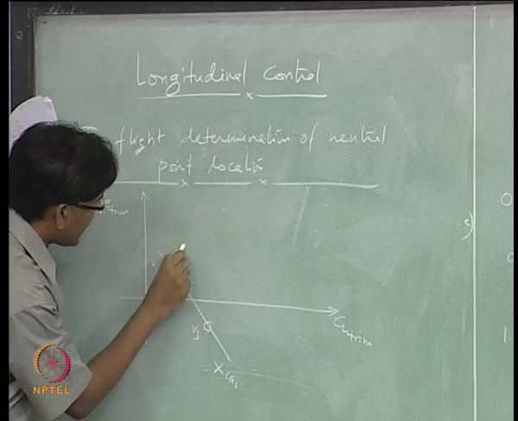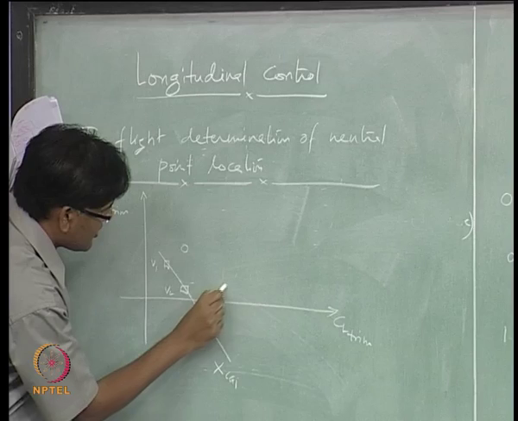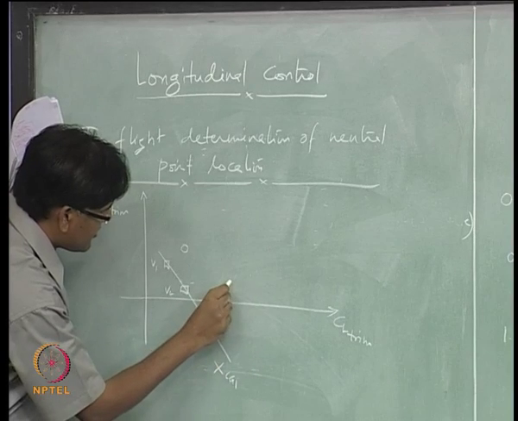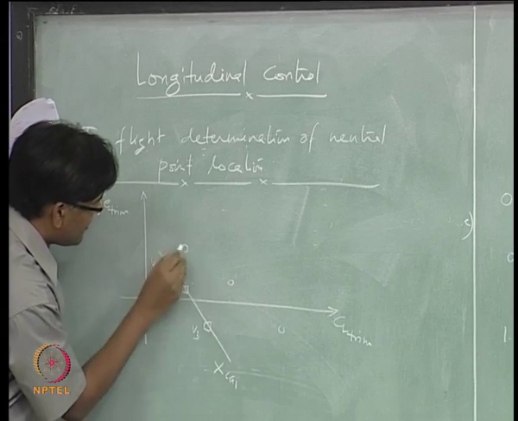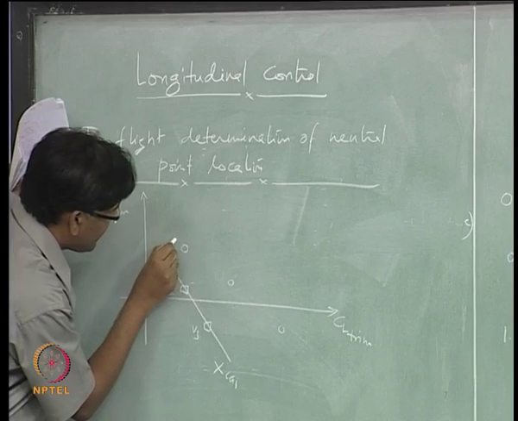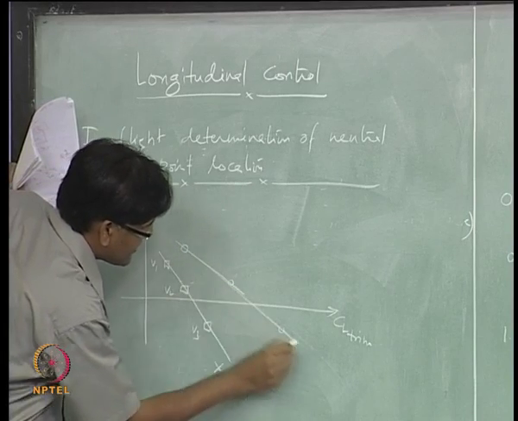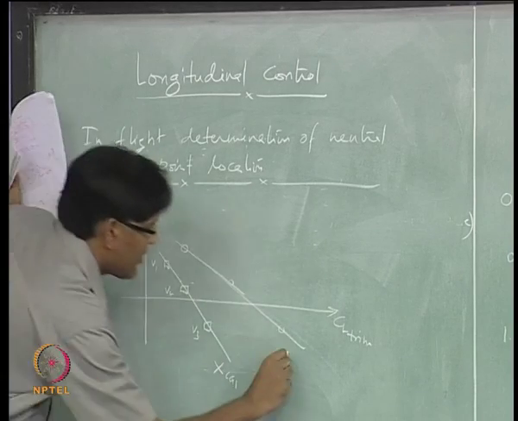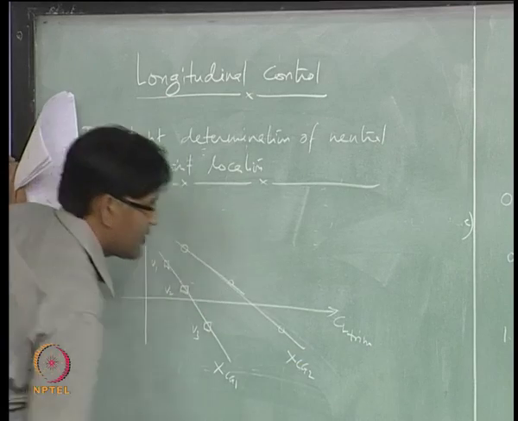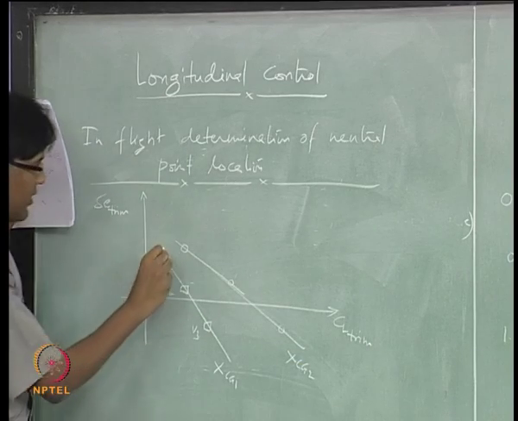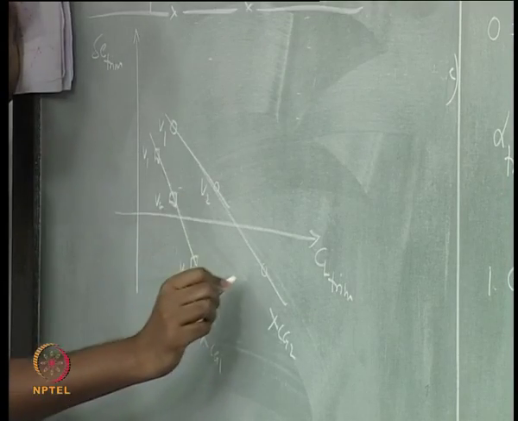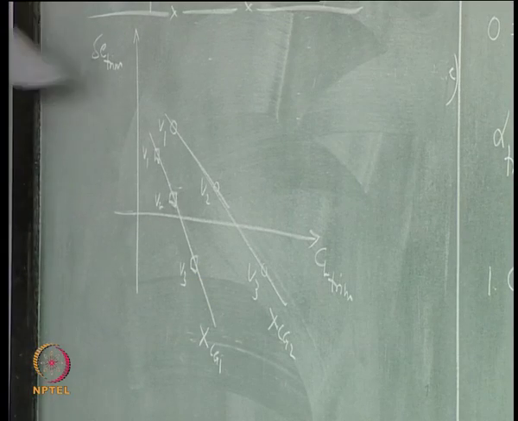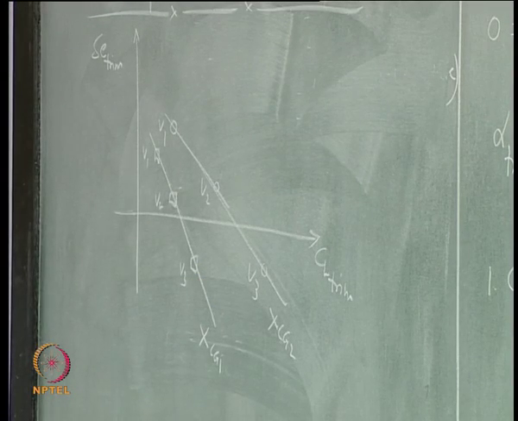Okay. So, you get 1, let us say 2 and 3, and you can join these. Okay. V1, V2, 3 different trim speeds, right.